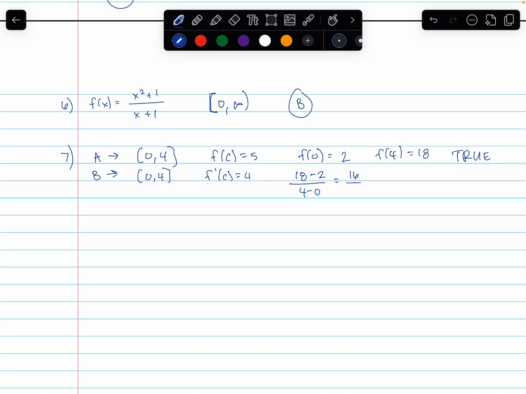And 16 over 4 is going to be equal to 4. By the mean value theorem applied to f, there is a value c such that f prime of c equals 4. I want to say that's true.